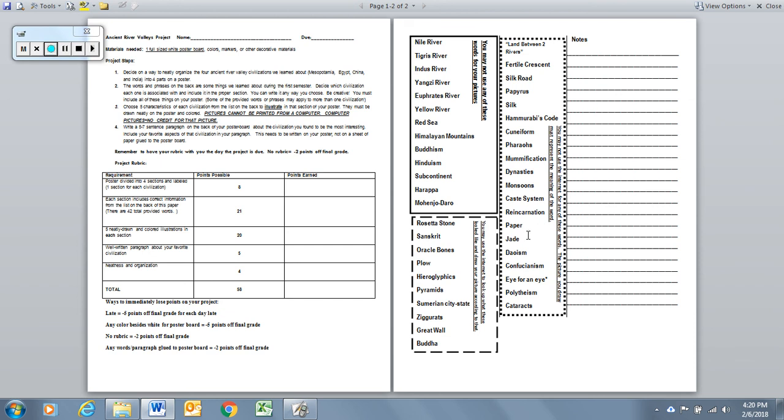For example, pharaohs is on here. So I told the students last year that they could not look up pharaoh in Google. They had to look at the definition for the meaning of the word pharaoh and draw a picture for that meaning. So if you recall, Pharaoh is a king in Egypt.